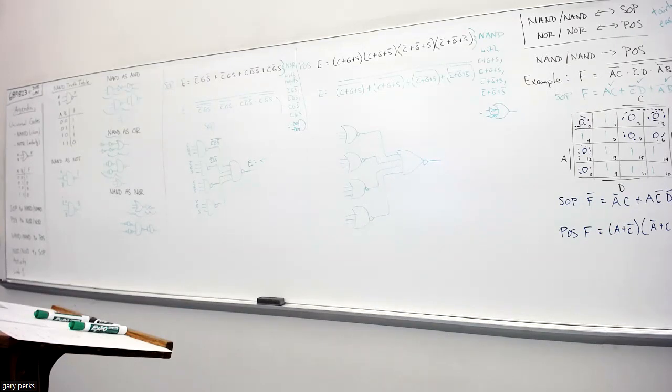So we're going to take A or C and just AND it with not B or D. Right. So effectively, what's happening here is you're getting rid of the nots and then just changing this OR here between the terms to an AND. Right, and that gives us POS right now.